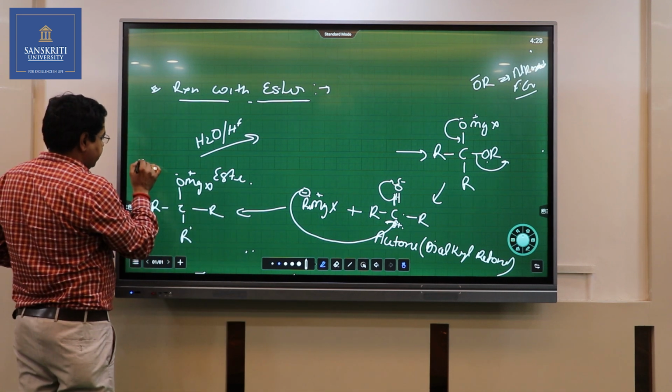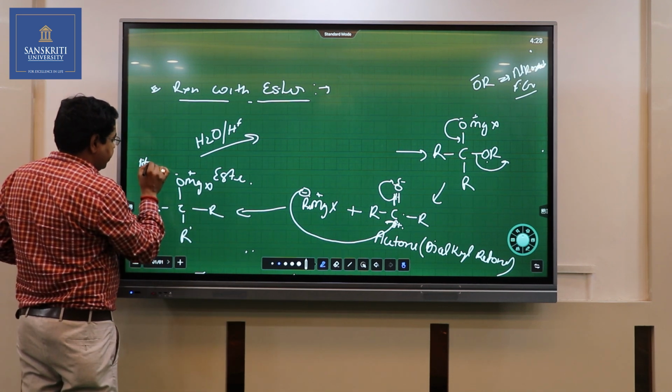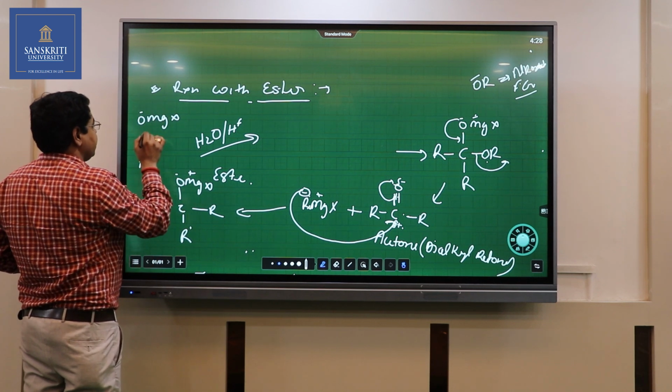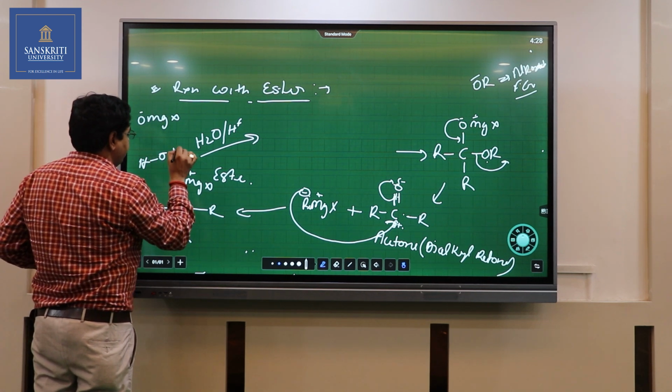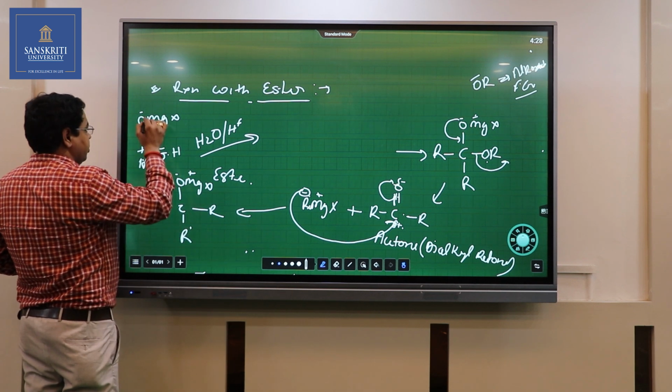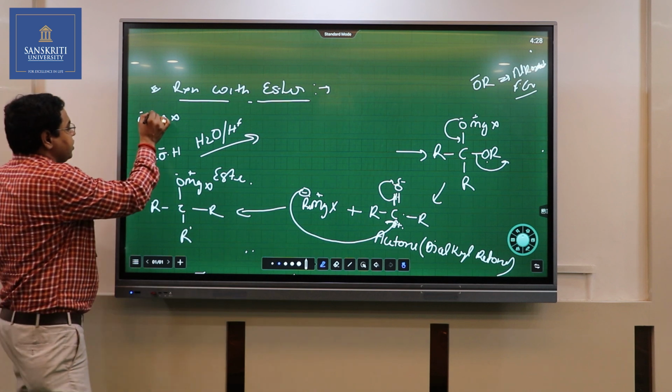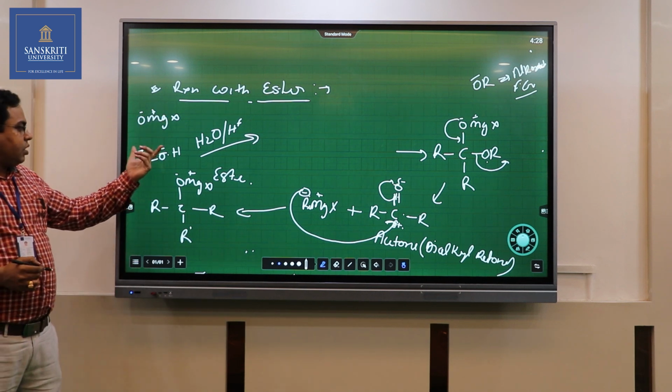Here, see the reaction mechanism between the OMgX minus and HOH plus, where minus and plus interaction takes place.